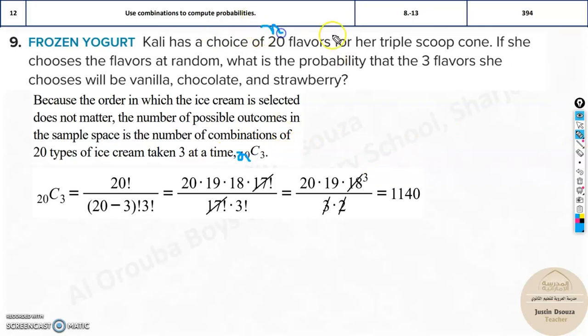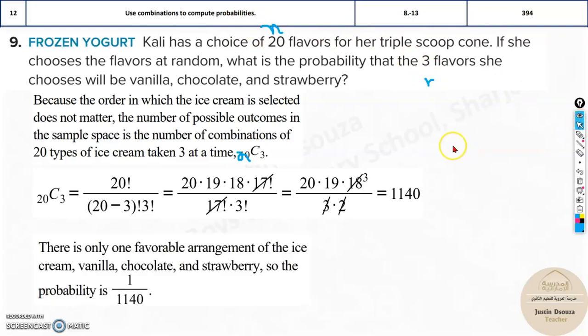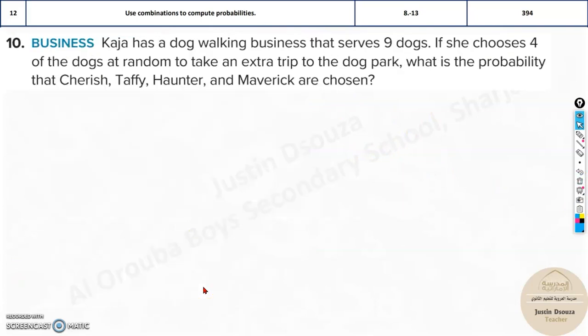Why? Because the n value is 20 and r is 3. Now, what is the possibility that vanilla, chocolate, and strawberry will be in one single group? It's only one possibility. And the total possibilities are 1140, just like the previous problem. We just put it in the calculator, find this, and then divide 1 by it. You can solve the next one by yourself and then check the answer.